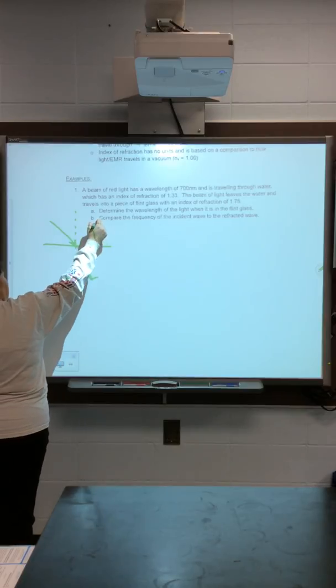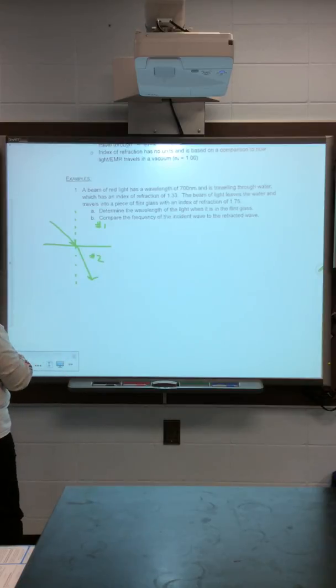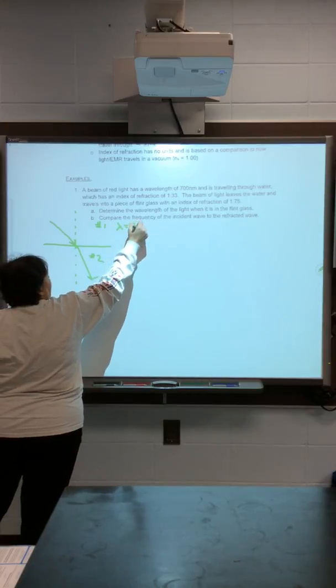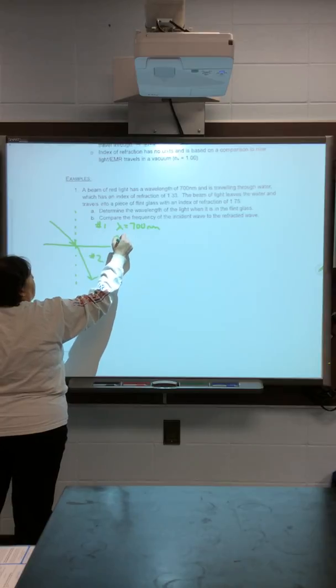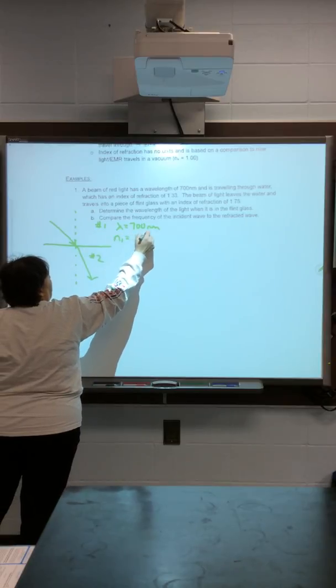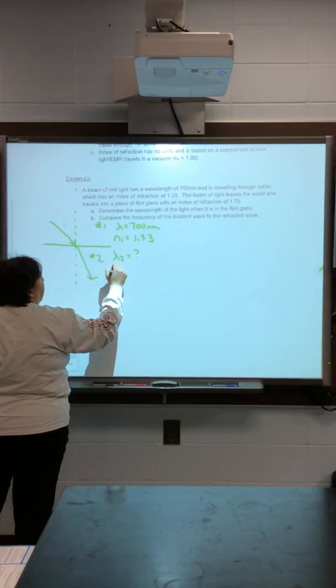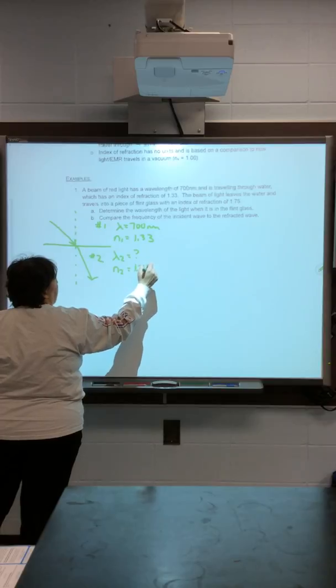So this is medium number 1, and this is medium number 2. The information that we have here is a wavelength of 700 nanometers and an index of refraction of 1.33. Here we don't know the wavelength, but we do know the other index of refraction.